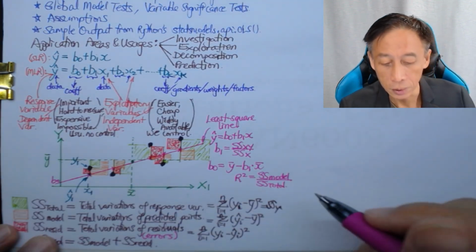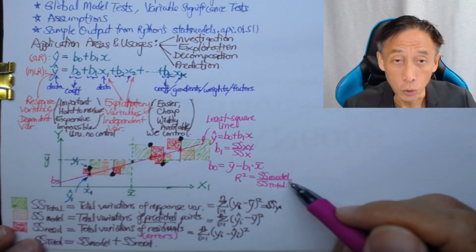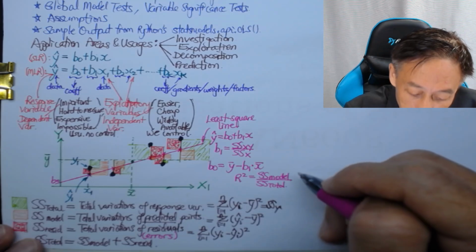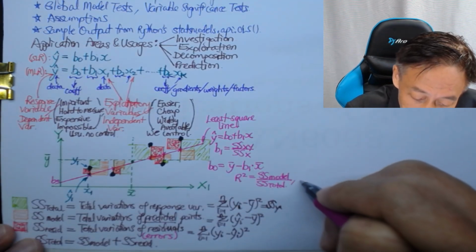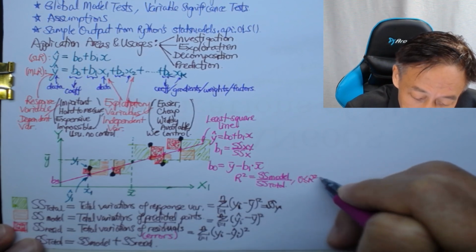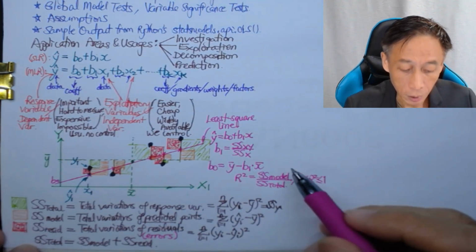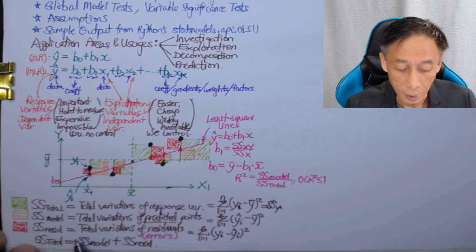And this is the value that will always be between 0 and 1. Obviously, because the SS model will never be larger than SS total.